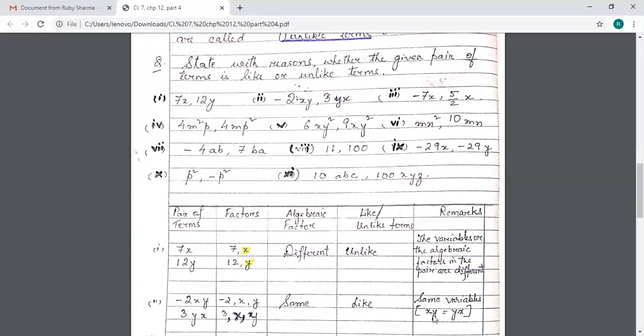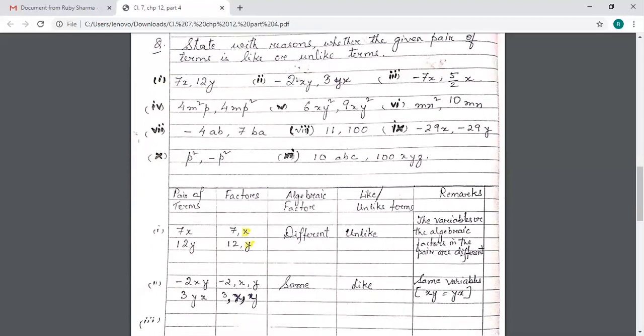The result will be the same. So we have to find out only the algebraic factors and check whether they are same for like and unlike terms. So to be like, algebraic factors have to be same, otherwise it is unlike terms. Okay.